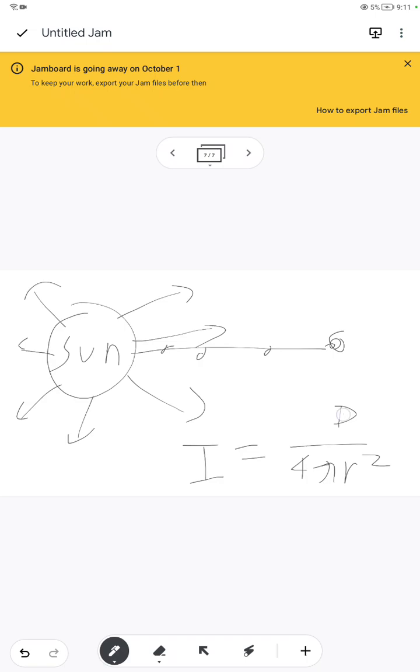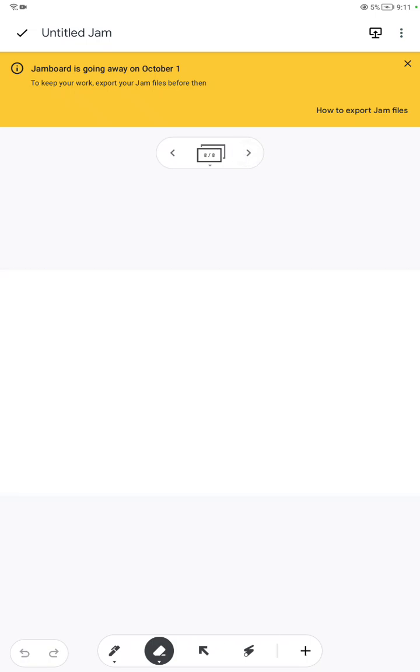Now, what does this formula represent? I will tell you what this is. First of all, intensity is the power per unit area. Intensity is the power received per unit area, and this is a very important concept.